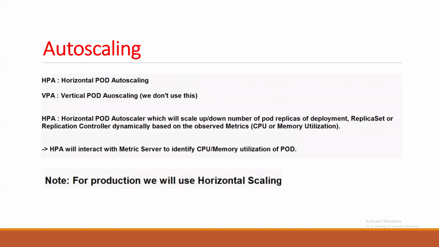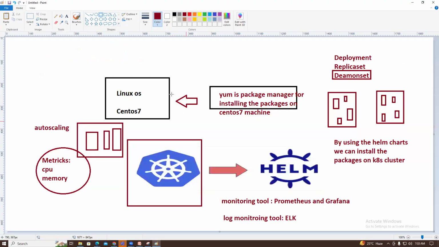We don't use vertical pod auto scaling because we will not increase the capacity of the server. We will increase it automatically. So for auto scaling, how many types of auto scaling are there?